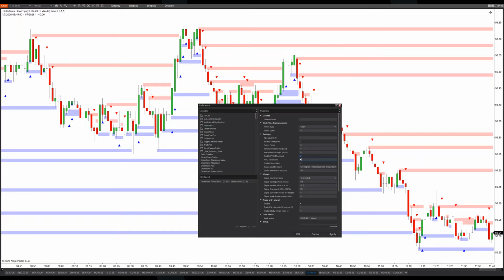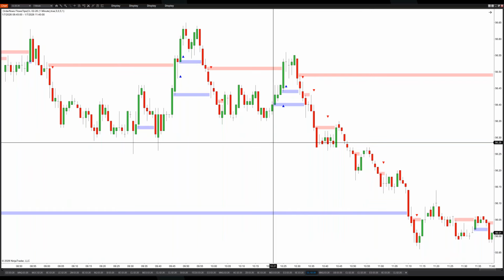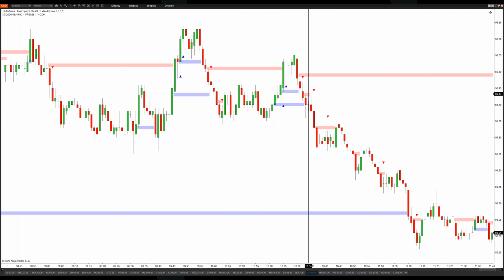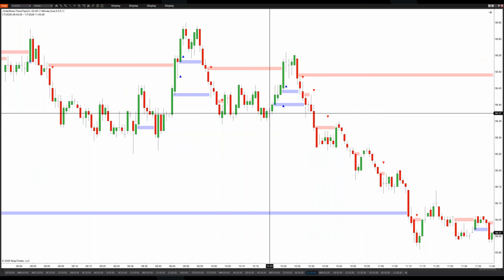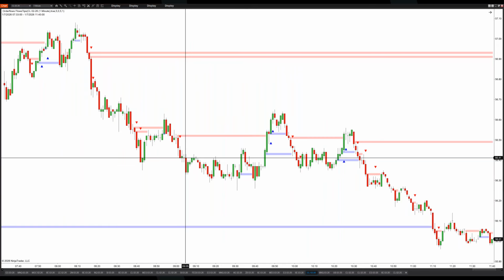Now, POC movement at 1 is about as tight as you could get. You could set it at 3 or even 5 to really catch stronger breakouts. You see this move down, you got this little move up, and these moves down.